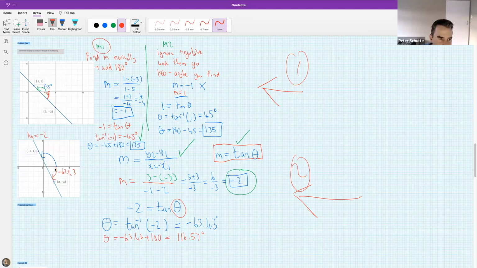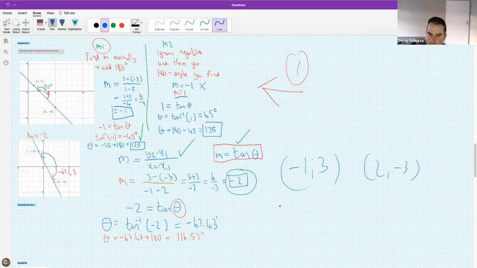Okay. So the different parts of this, we need to start by finding out the gradient. So the 2 points on the line are -1, 3, and 2, -3. Are you happy with that statement? Like if I look at the graph, those are the 2 points. Yes, sir, I'm happy. Okay. So now it doesn't matter what side you start. We can start from this point or this point.